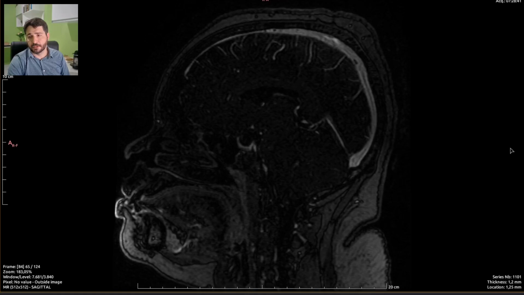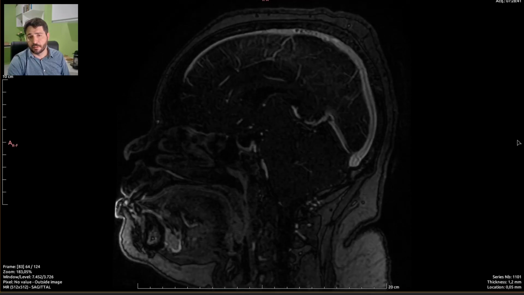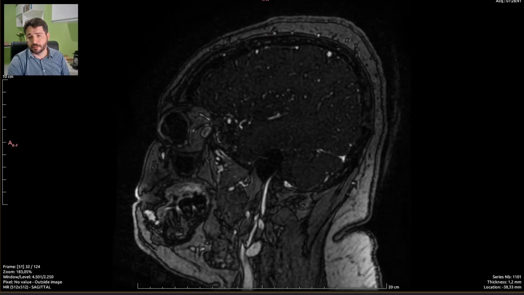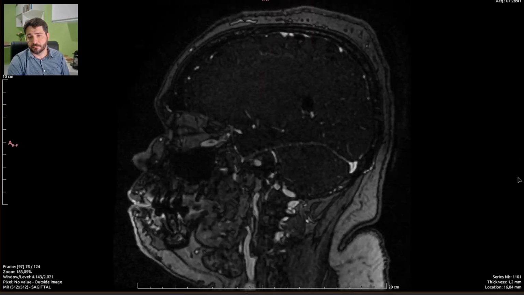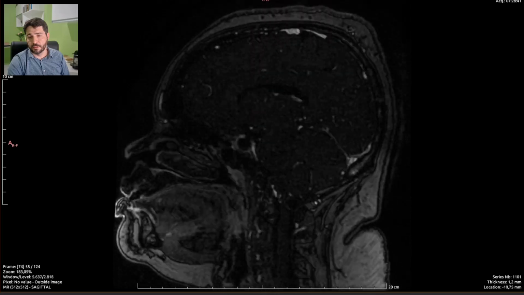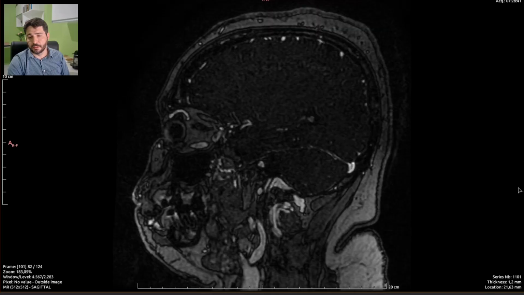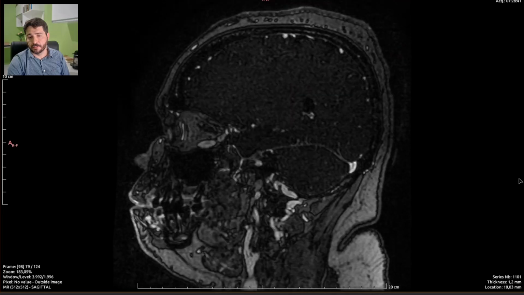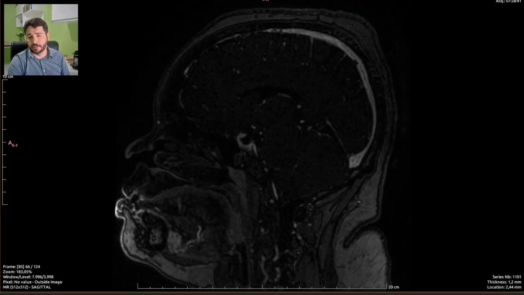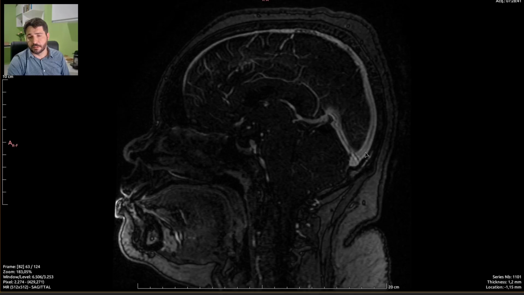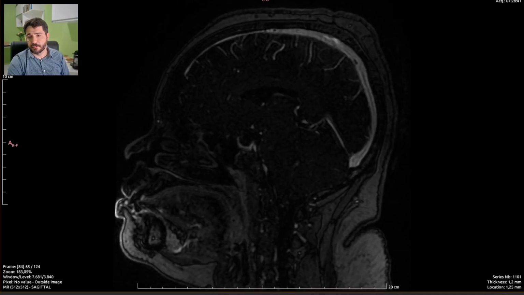So we have the sagittal major and minor dural sinus, the posterior fossa sinus, both sigmoid and transverse. We have the confluence of the dural sinus.